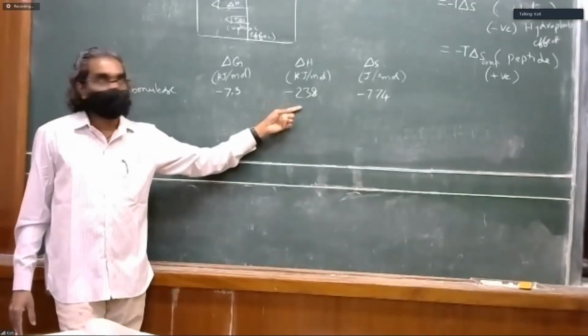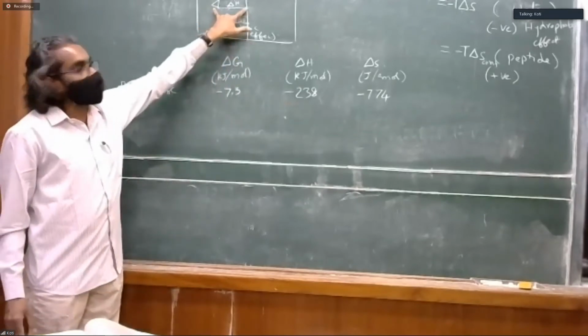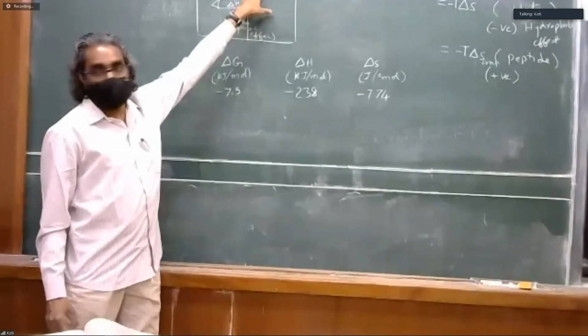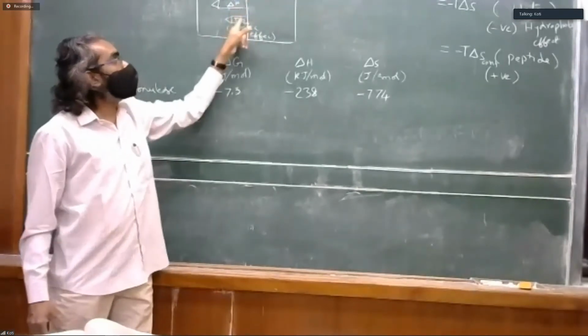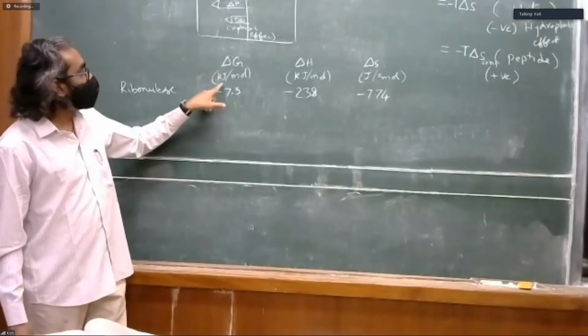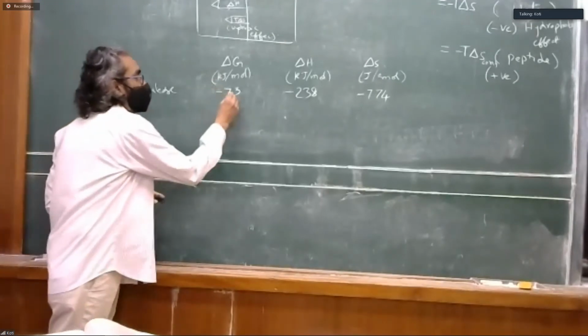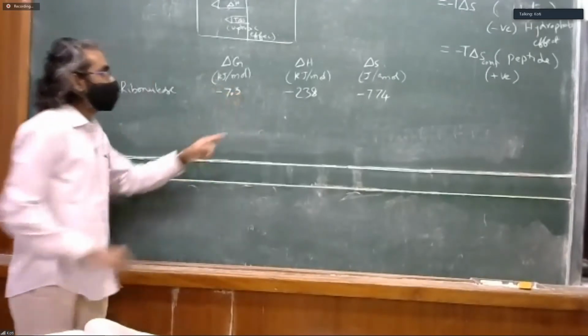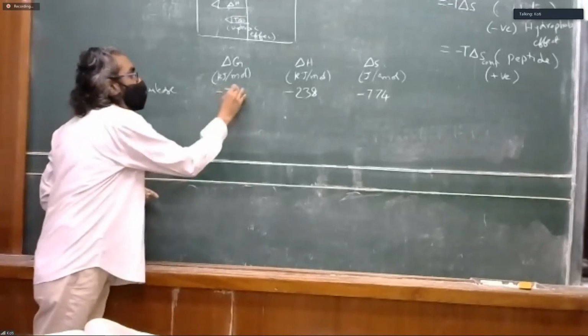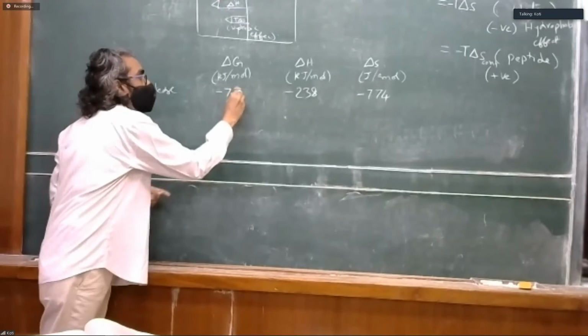But though this is huge, these two values are equally important. In the end, your delta G is such a small fraction compared to this, only minus 7.3 kilojoule per mole.